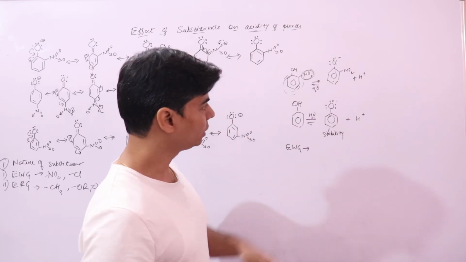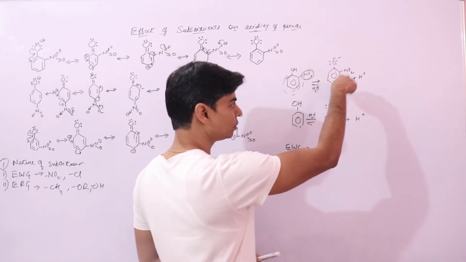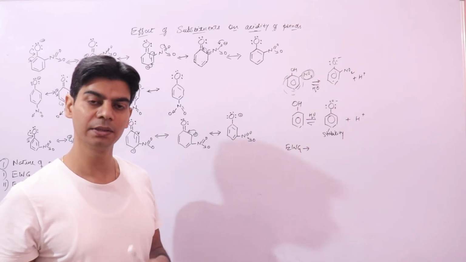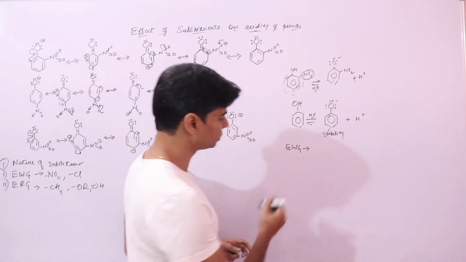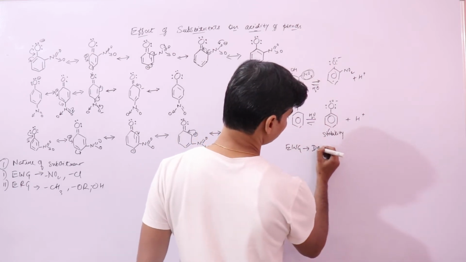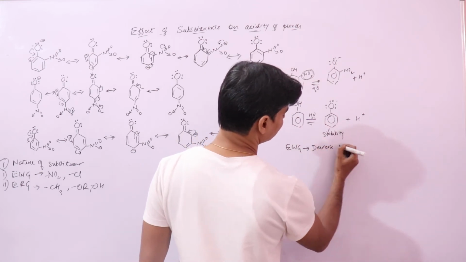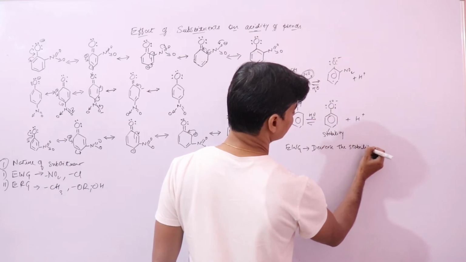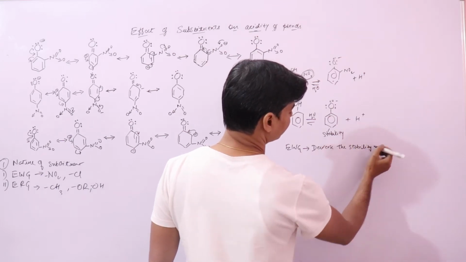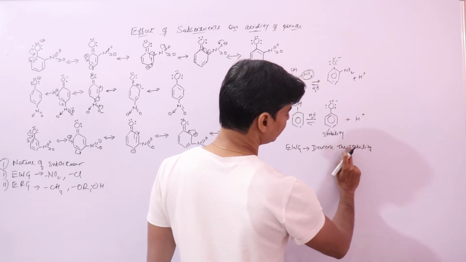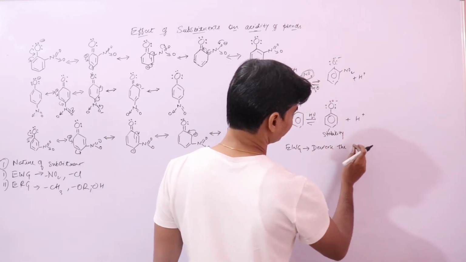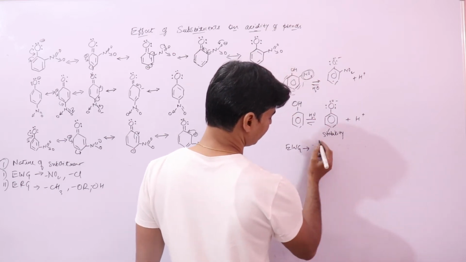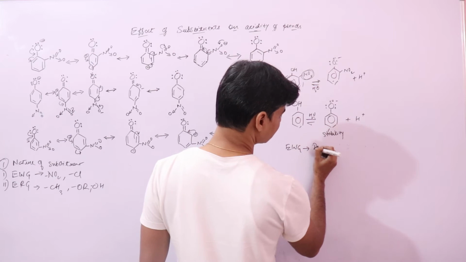So electron withdrawing group will decrease the electron density of the benzene ring, making it less negative, thereby increasing the stability. To be correct, electron withdrawing group will disperse the negative charge.